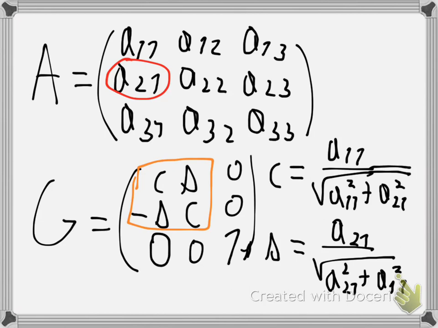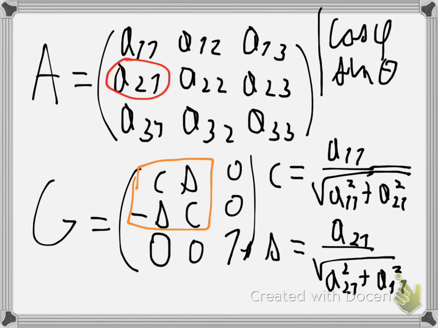Also, very important, remember that cosine and sine, we often say cosine of an angle, or sine of an angle. Let's say cosine of phi, or sine of theta. But to do a QR decomposition with Givens rotations, we almost never need an angle.